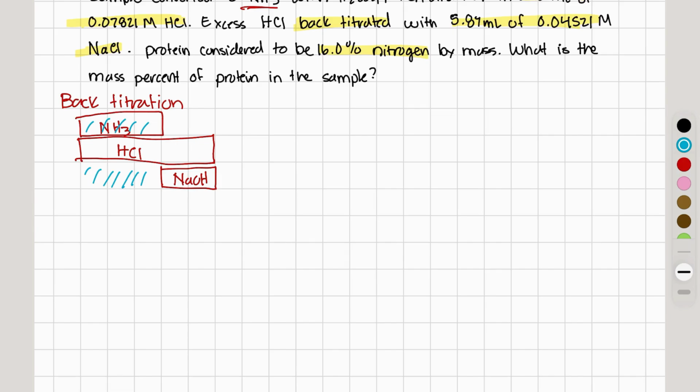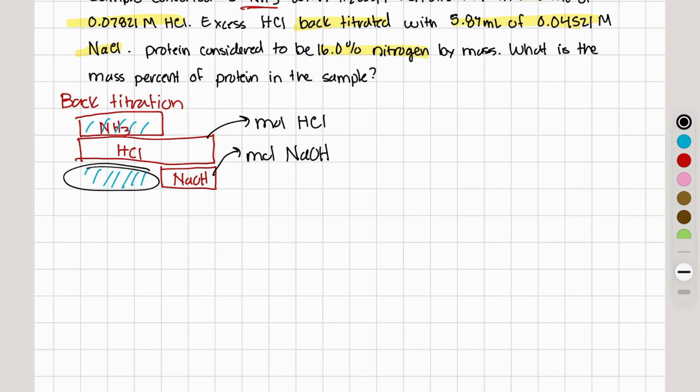So the part that we don't know is this part right here, and that just happens to correlate with this NH3 above it. So what we need to do to solve this problem is a few things. If we know how much HCl is added, we want to find our moles of HCl. We know how much NaOH is added, so I want to find my moles of NaOH. And then to find this little missing piece, which is our moles of NH3, we're going to take the moles of HCl, because that's what we have in excess, minus the moles of NaOH, and that's going to tell us our moles of NH3.